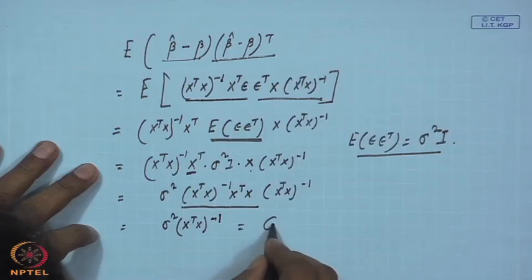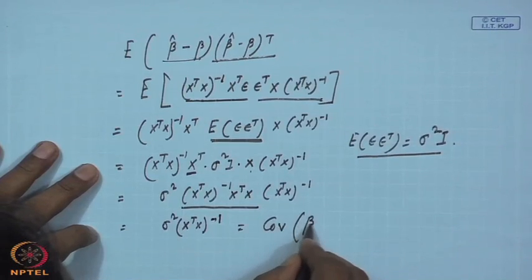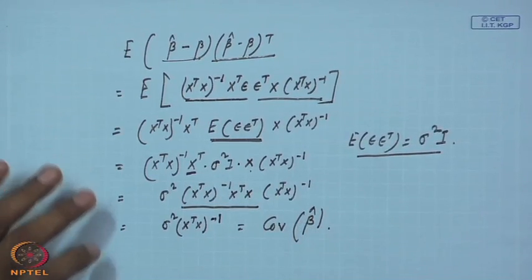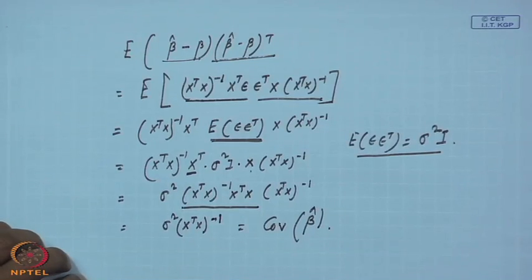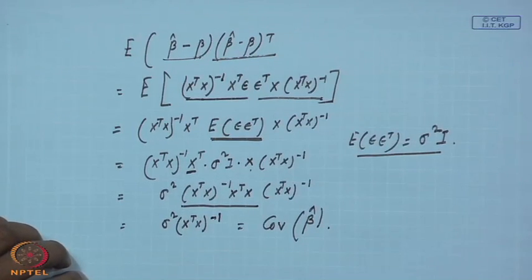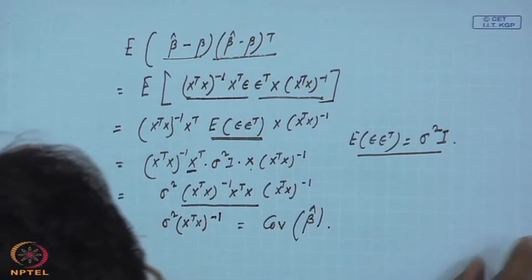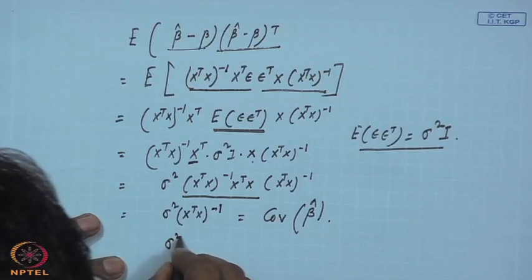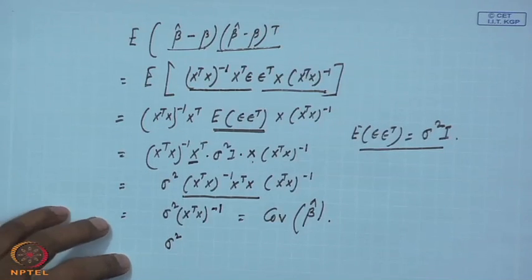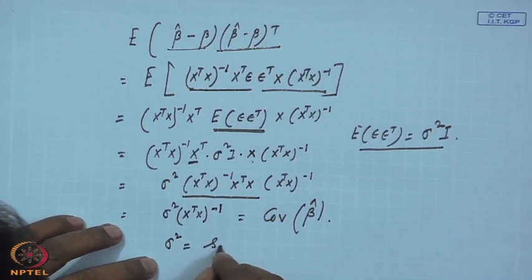This is what is the covariance of beta cap. Okay. So, then how do you get the value of sigma square? Sigma square is also not known. So, sigma square will be estimated by S E square.